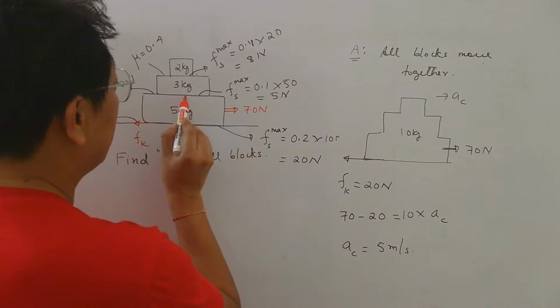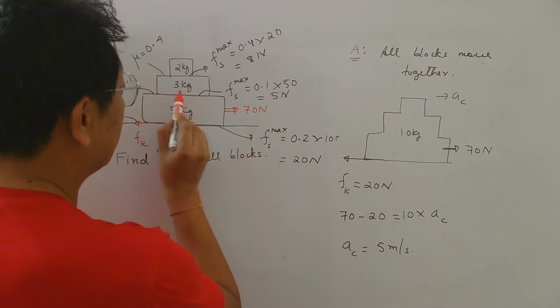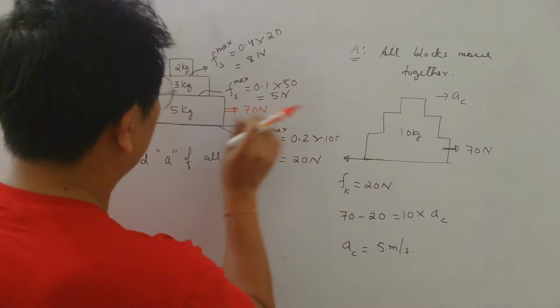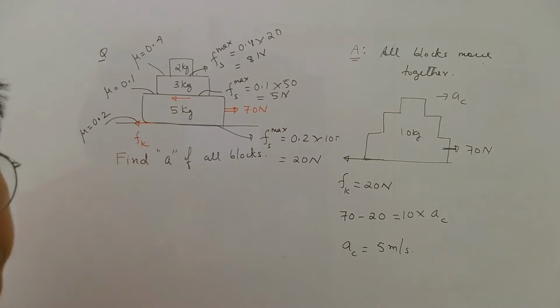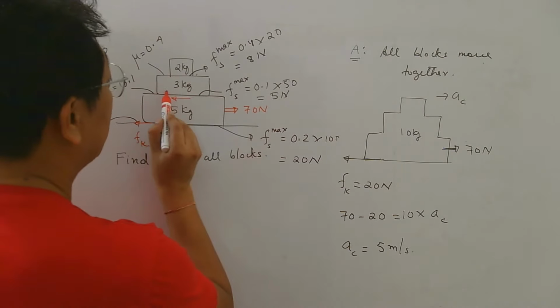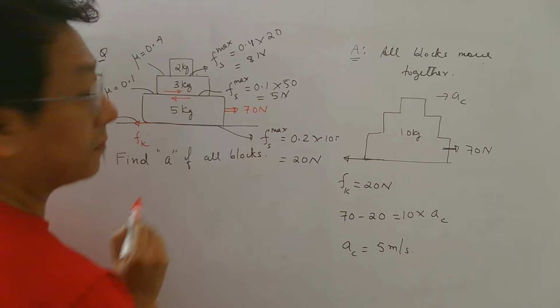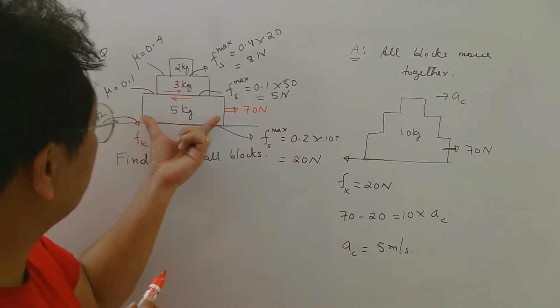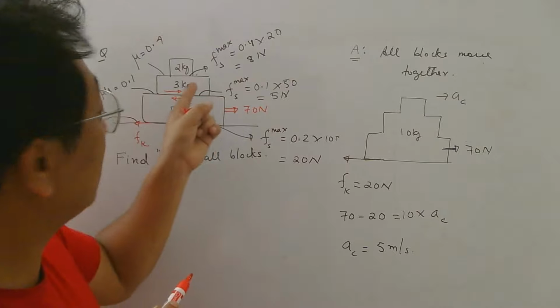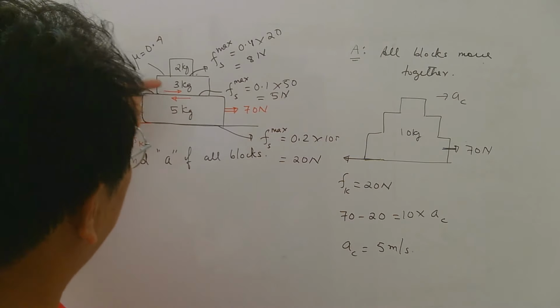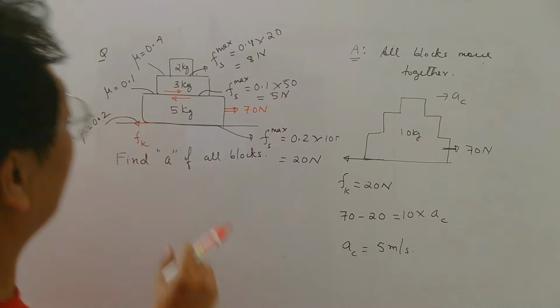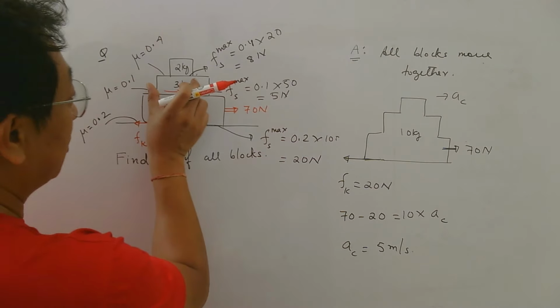Now if you want to know the direction of friction here, when 5 kg will try to go this way, 5 kg will feel friction force this side. Reaction of that will act on 3 kg this side, obviously. When this block moves this way, this block will say to 3 kg, you also come with me. So force on 3 kg by 5 kg should be this way. That force will try to move 3 kg this way.